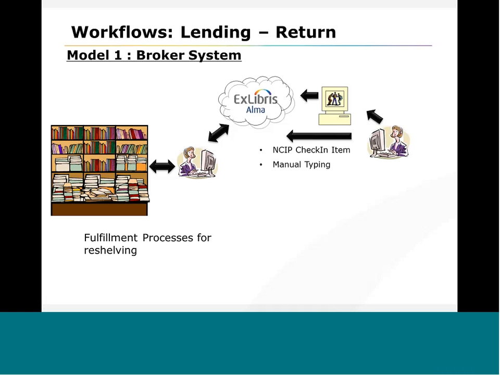Alma will be used for the library side of the process, moving the item to its pickup location, moving it back from its pickup location, moving to the lending resource sharing library, restoring the item back to its permanent location. All that is going to be done in Alma. The rest is going to be done at the broker system.